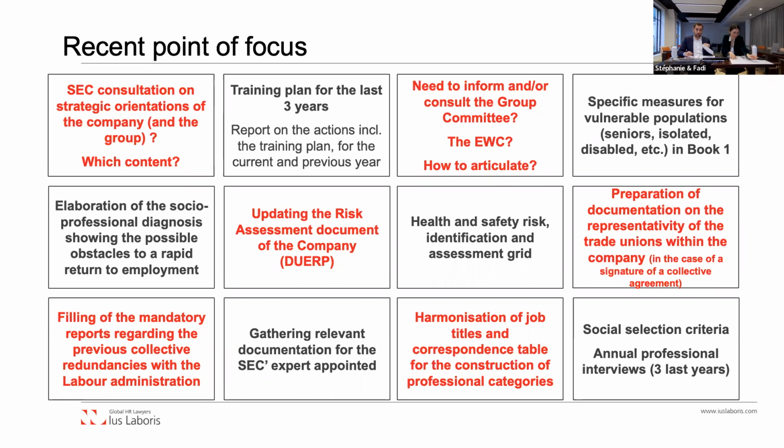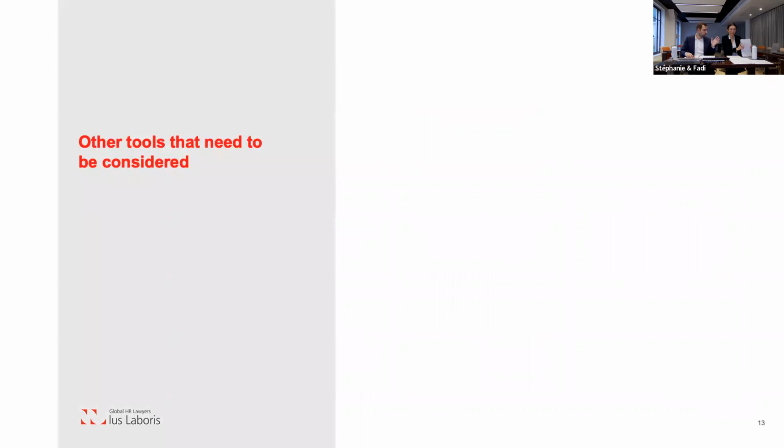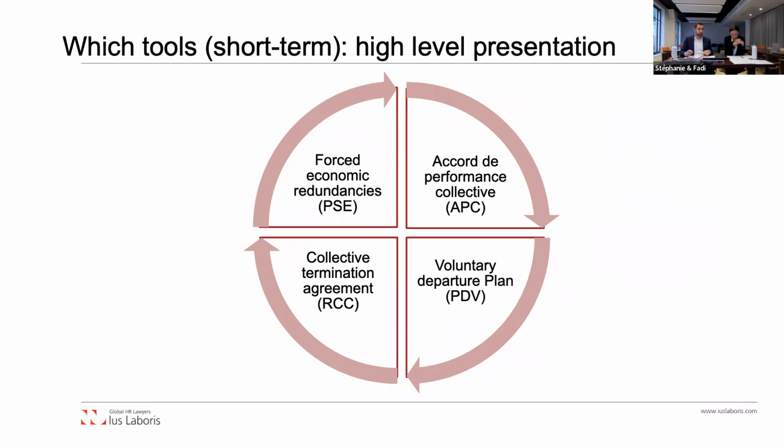So in the interest of time, we'll be turning to the next topic, which is the other tools that need to be considered instead of a forced redundancy plan. So we have additional tools that we can implement.